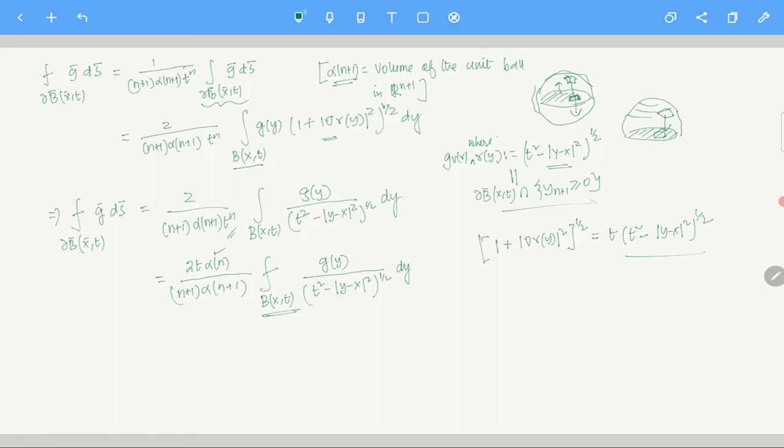See here there is 2t because of this t, and t power n plus 1 is there, but that is getting cancelled. That is why t power n. But again, when I am getting it to be b(x,t), there t power n is there, so that's why this t is again coming back. So this is just a one line calculation. If you want, you can just verify it. That's not an issue.